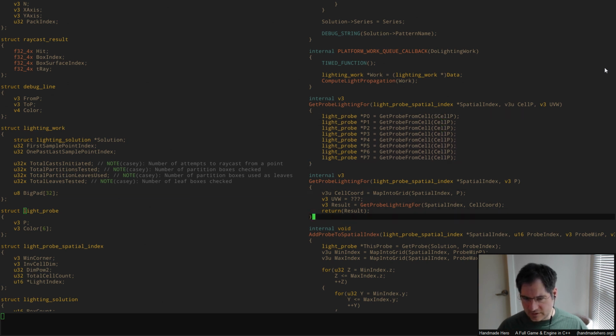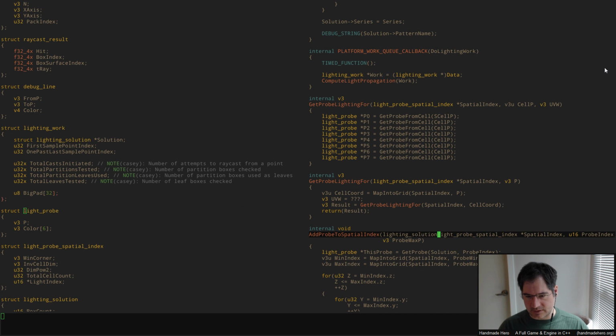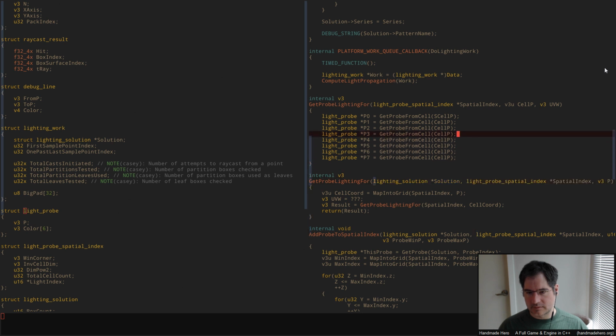And for some reason, the lighting solution is not getting passed here, but it needs to be. There we go. So in order to look up the probes here, we need to get this multiple times, right?